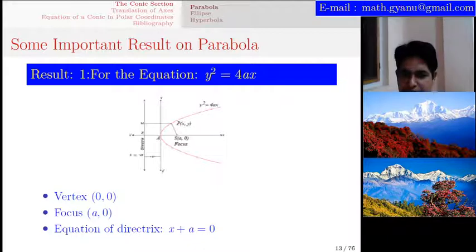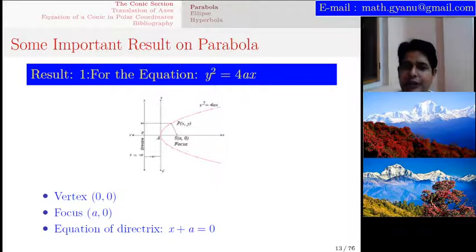Now if you see y squared equals -4ax, then what will happen? At that time its focus lies on the negative side of the x-axis.